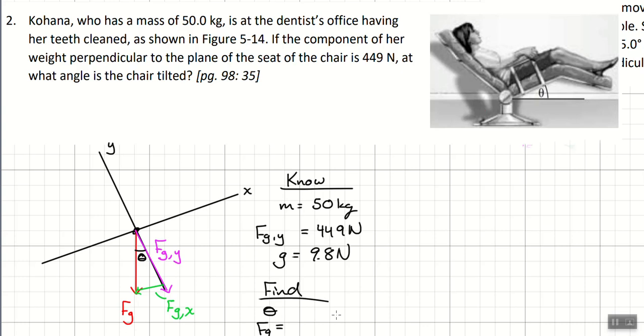I'm going to use a little shortcut here. If you take 50 times 9.8, you can get 490. Is that right? Good. Okay, so check it out. We now know that this has a length of 490 newtons. This purple one has a length of 449. Man, if only that were enough to find my theta.